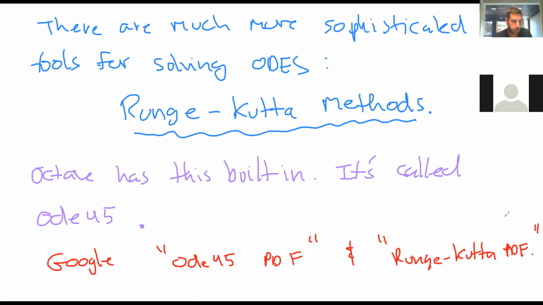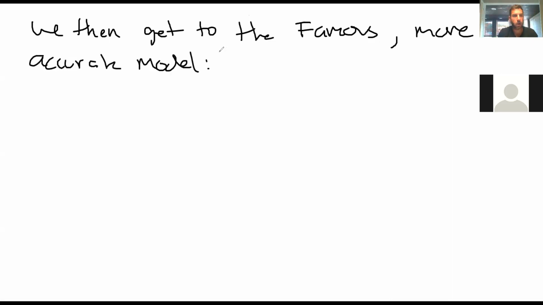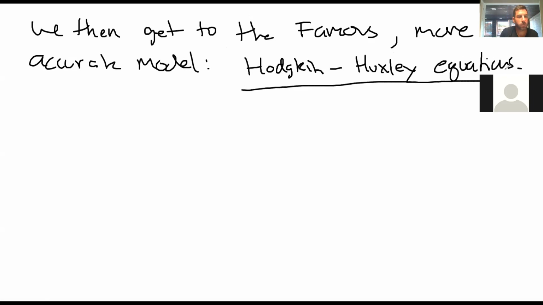Okay, so again, let's keep with what we're at. So we then get to the famous model, and that is the Hodgkin-Huxley equations.